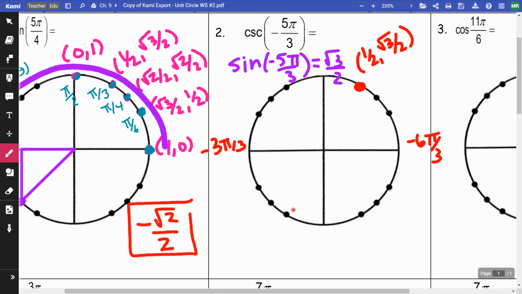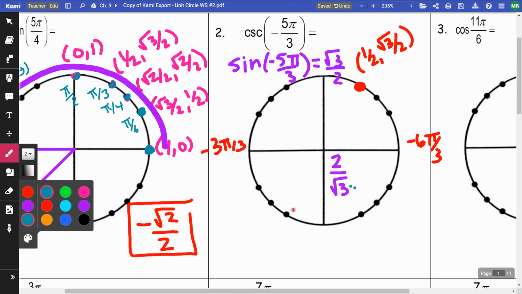I'm going to write it right here: 2 divided by root 3. It's the reciprocal. We need to rationalize. I'm going to multiply the bottom by root 3, and the top by root 3. And when I do, I end up getting 2 root 3 over 3. And that is my answer.